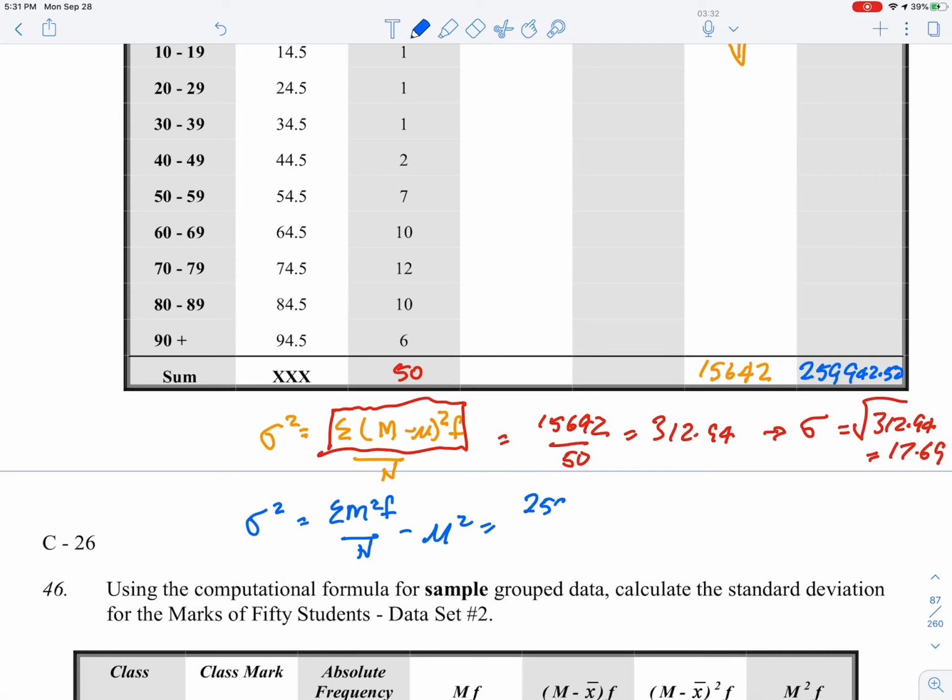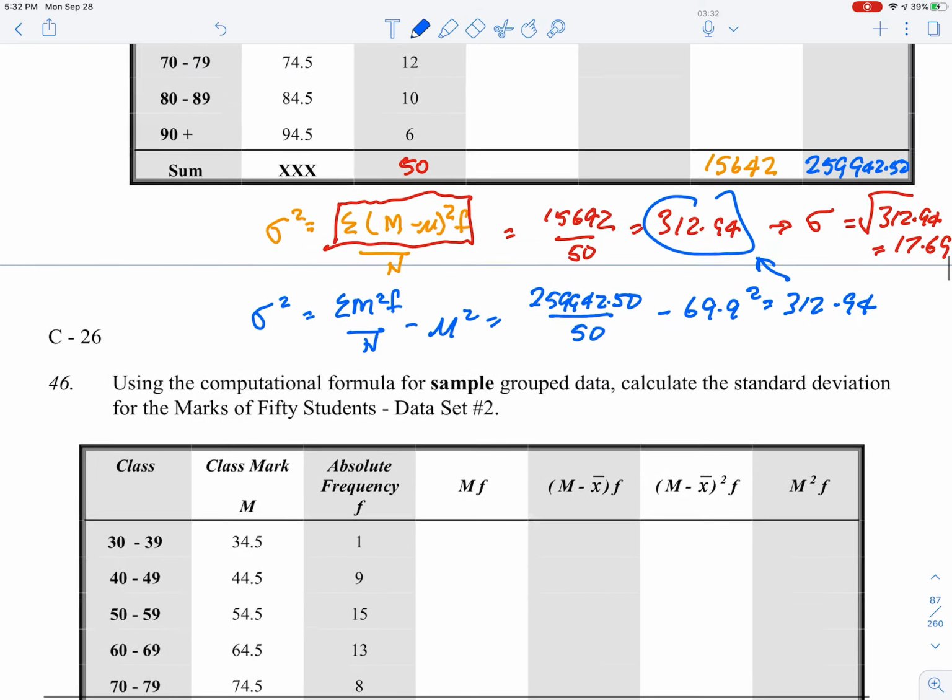So that's 259,942.50 divided by 50 minus 69.9 squared, and we'll end up with exactly the same number here. So 312.94, 312.94. And then, of course, we could take the square root of that to get the standard deviation.